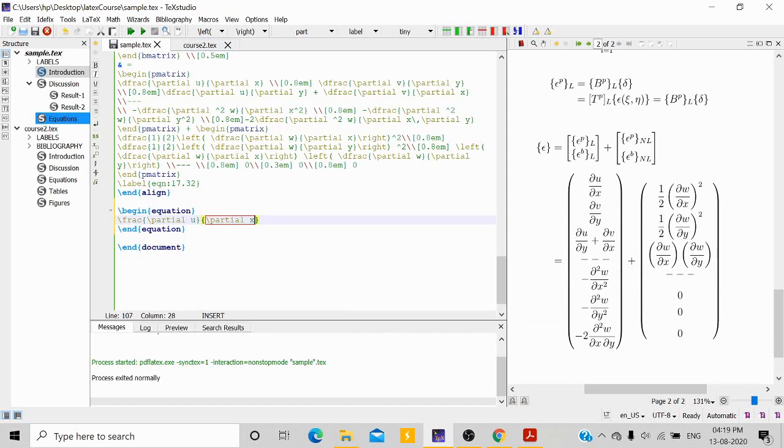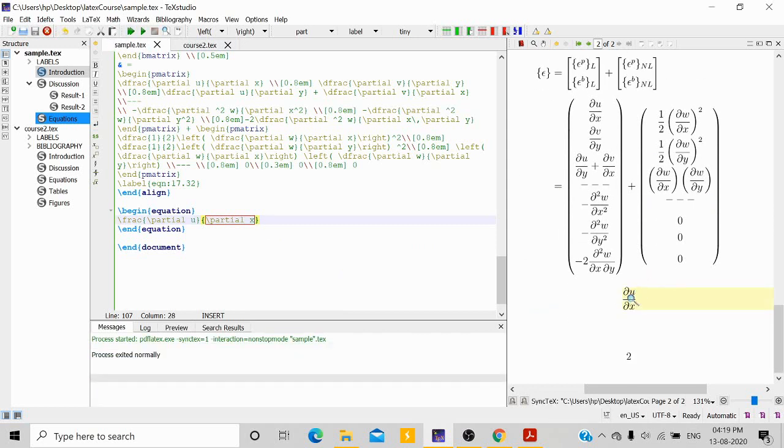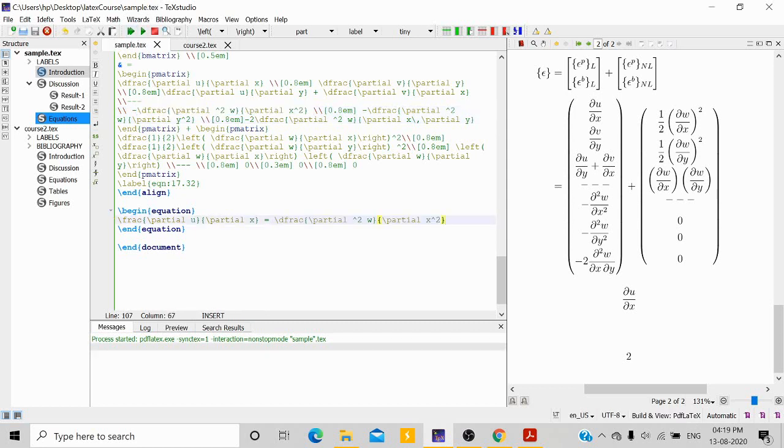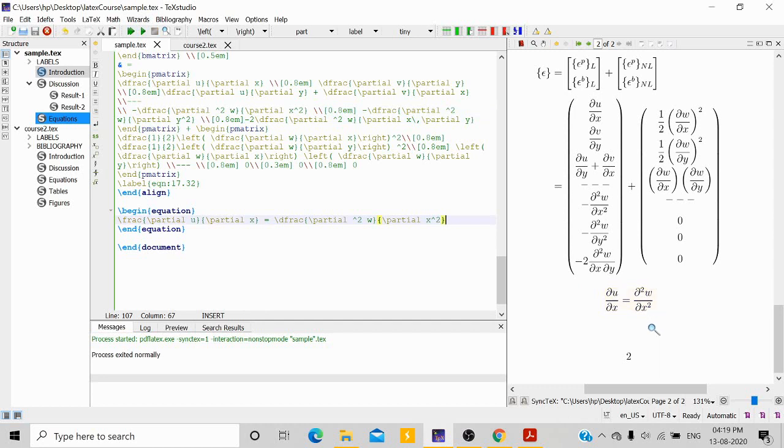So this is what all together it is written. Let me show you. Del u by del x I wrote. Now if this is equal to, let me put this, is equal to del square by del x square. Fine. So that means dfrac. What is the difference between dfrac and frac?